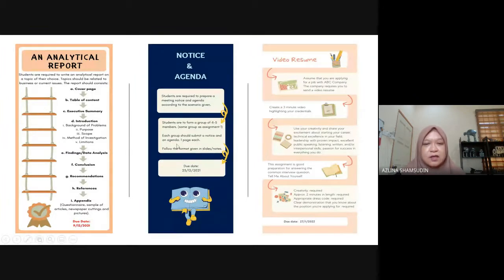This one has a short deadline because it's very simple. You do it in a group and it's for 2 pages only. The first assignment is about 30 pages. This one is just 2 pages, 10%. That one is 40%. We will do this later, once we have learned the notice and also the agenda.